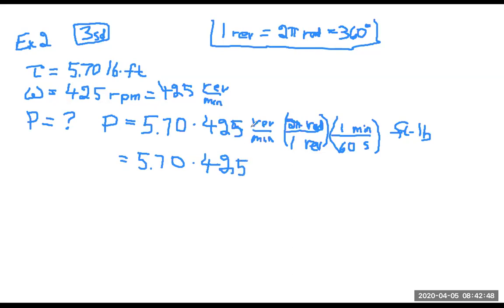We know that revs are going to cancel. We know that minutes are going to cancel. And what we're going to have left is radians per second. So I've got foot-pounds, that's not affected, and I've got radians per second.